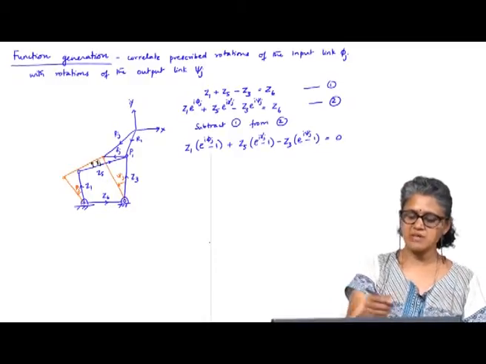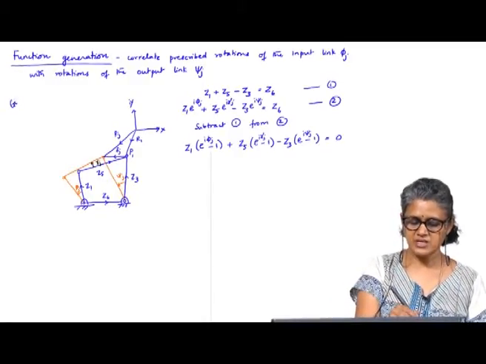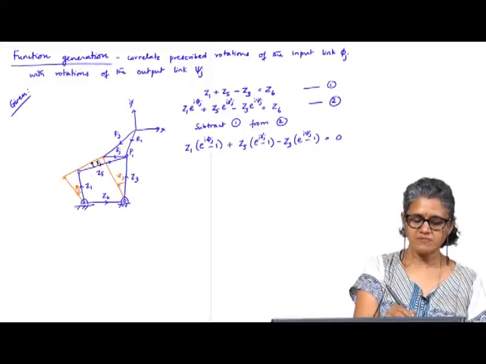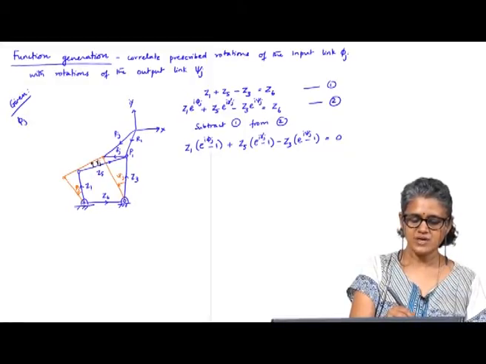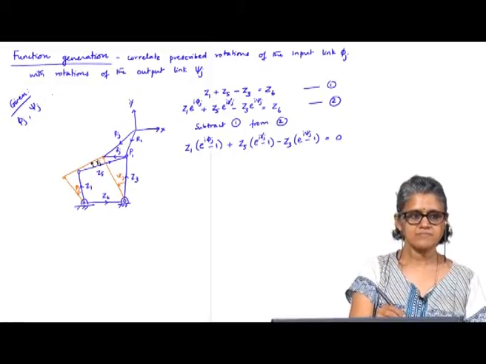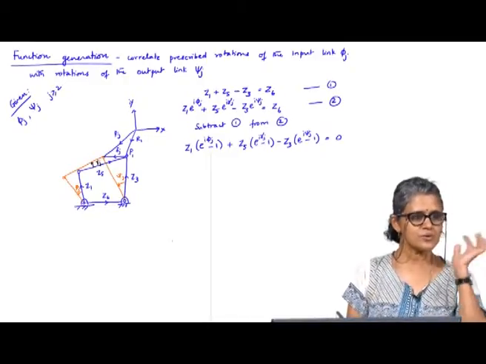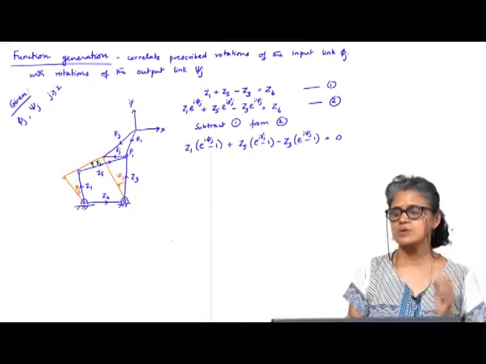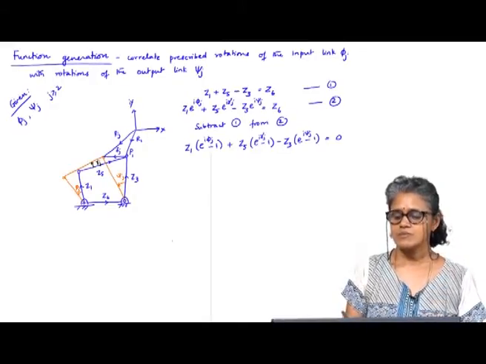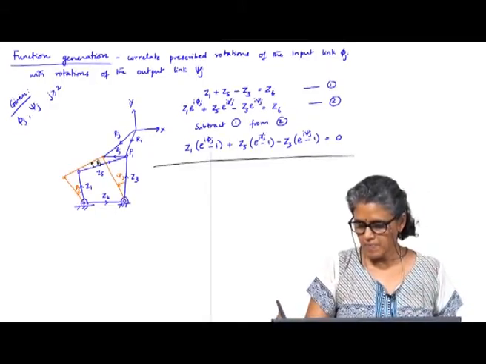Here what would be given? So for function generation, the given quantities are phi j and psi j. I know how they are supposed to be related, in a table.